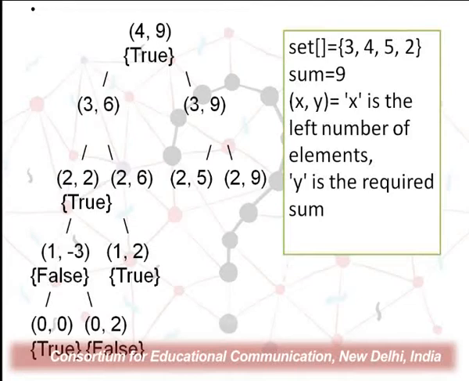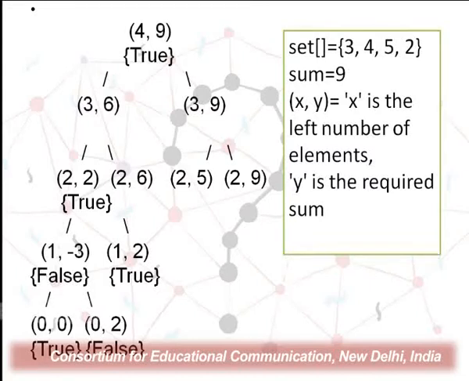So whenever my sum becomes negative, I will return false here. So 1, minus 3 can again be approached in the form of 0, 0 if we are considering the item. If we are not considering the last item, it can be approached in the form of 0, 2.